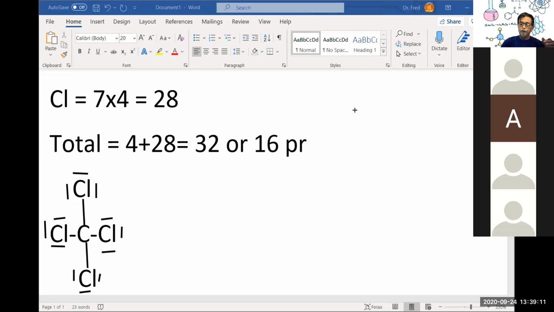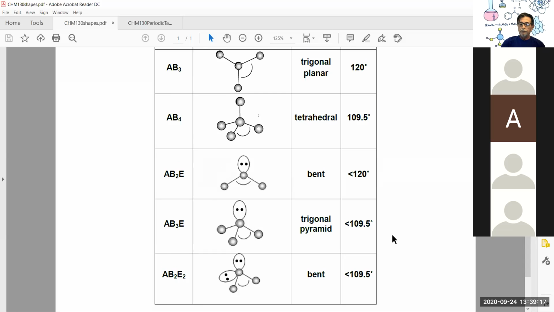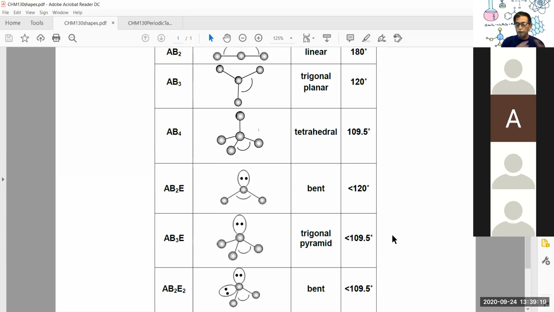Exactly, AB4. And so once we go back to the shape table, we look for AB4, and lo and behold, there it is. Its geometry is given. That is fairly the most common geometry that there is out in nature. It is called tetrahedral, and its bond angle is 109.5.